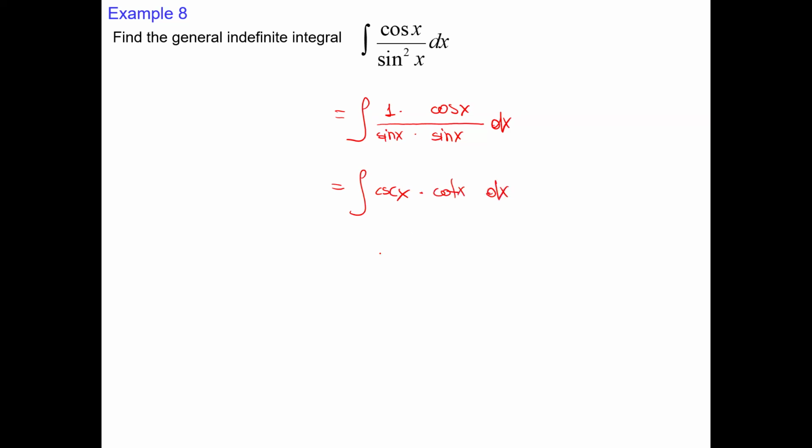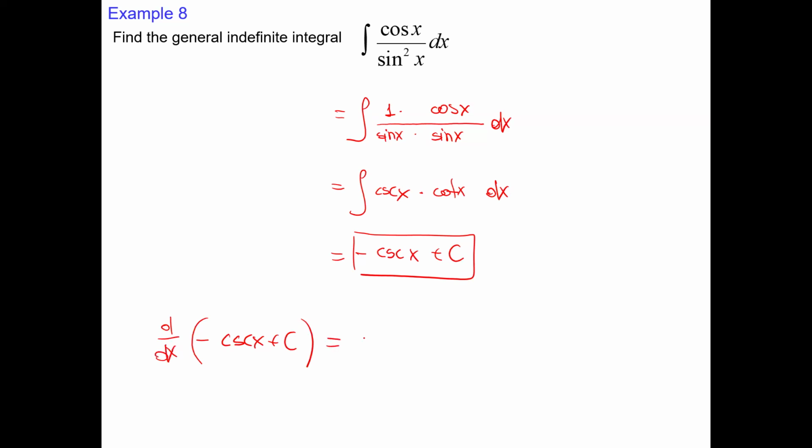And now we know the antiderivative of cosecant times cotangent is actually negative cosecant of x plus the constant. And why is it like this? Because the derivative of cosecant of x is negative cosecant of x times cotangent of x.